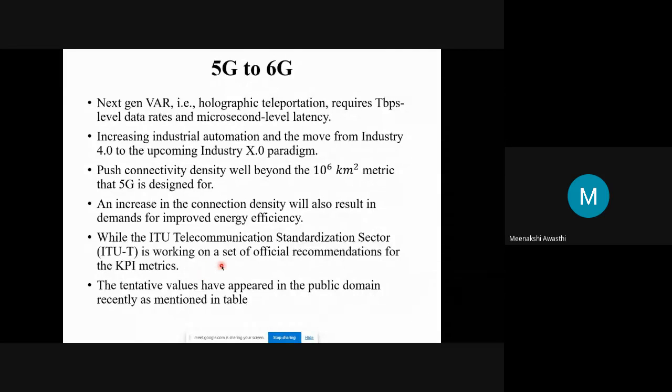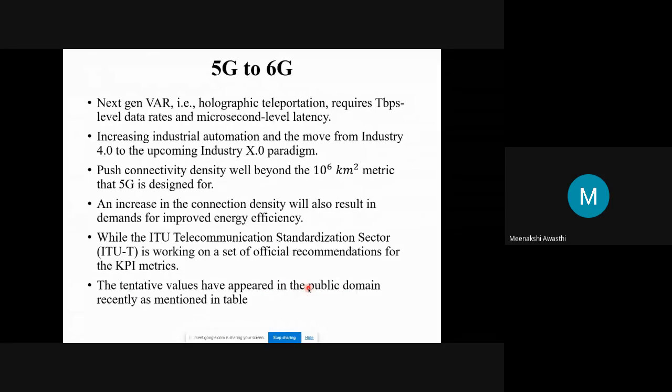But actually, this topic that I am presenting here, I have taken from the white paper of 6G from Tata. These are tentative values; these values are yet to be fixed by the ITU. The tentative values that have appeared in the public domain recently are mentioned in the table.